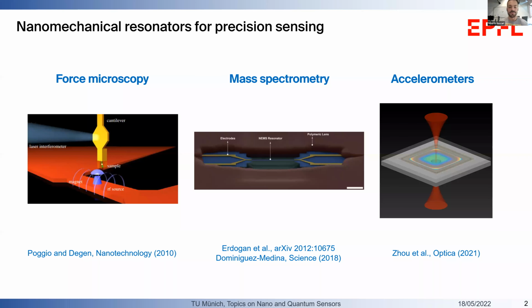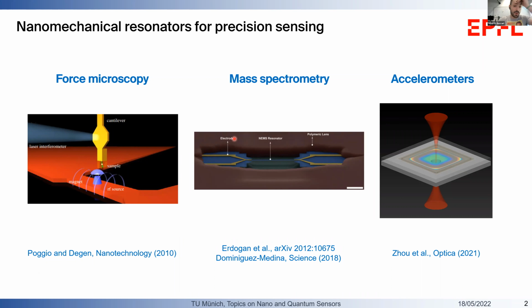So just as a brief introduction, recapping why mechanical oscillators are very ubiquitous in all fields of science and technology. To my understanding, it's basically because they are capable of coupling with many different systems and many different force fields.